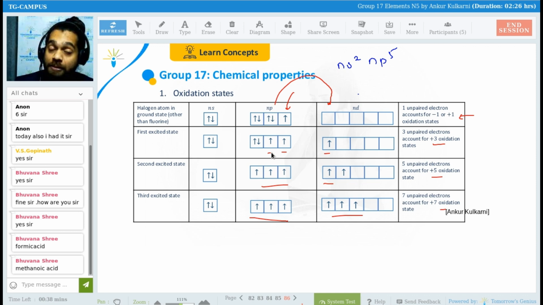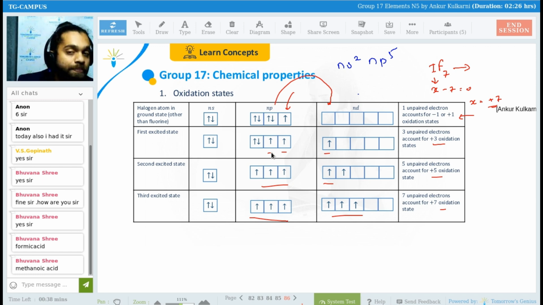+7 is also possible. For example, IF7. What will be the oxidation state of I over here? x - 7 = 0, so x = +7.